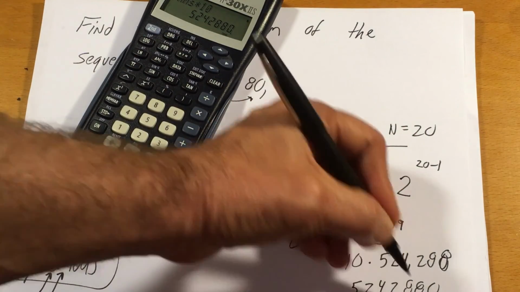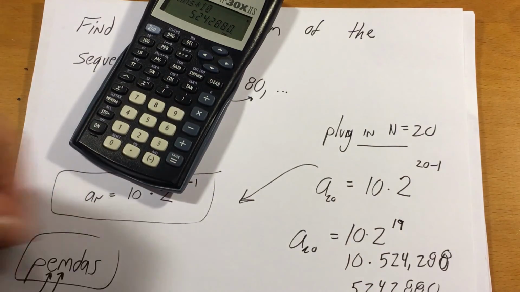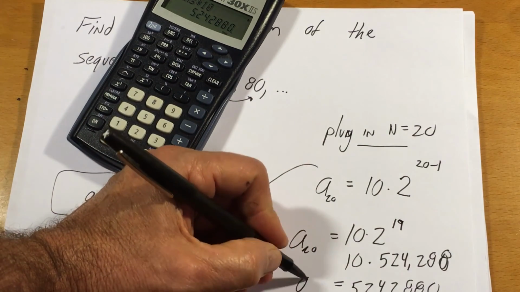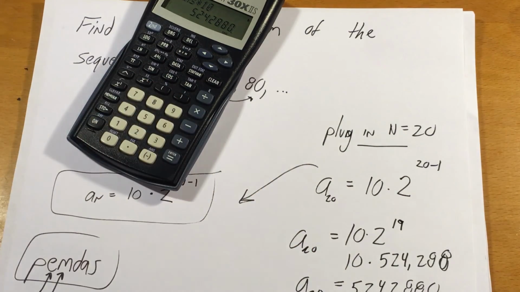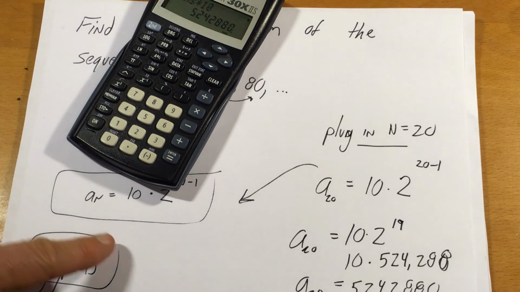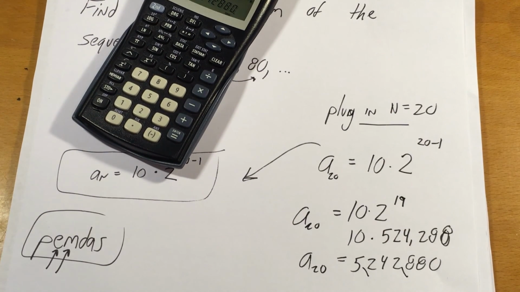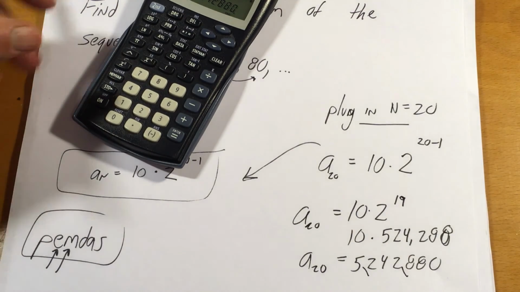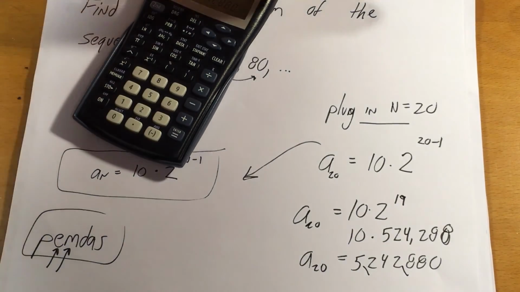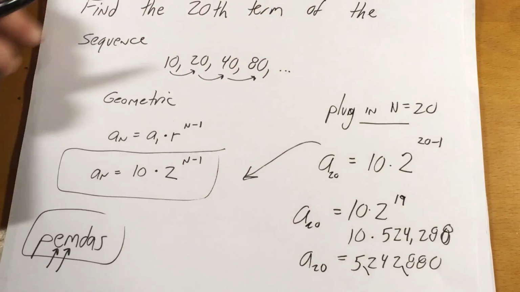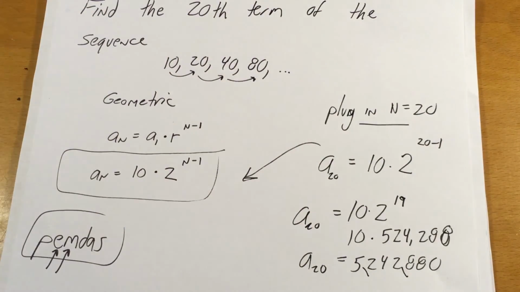So that's going to be just about 5 million. You often get that with exponential functions, because the whole point of geometric functions is they grow very, very quickly. So if you're asked for the 20th term, you get a very large or very small number. Anyway, that's all you need to know about geometric sequences.